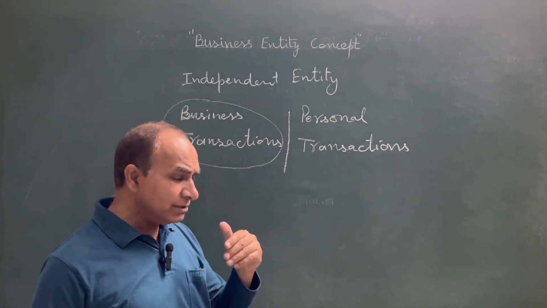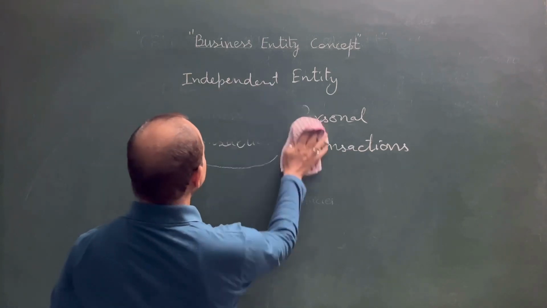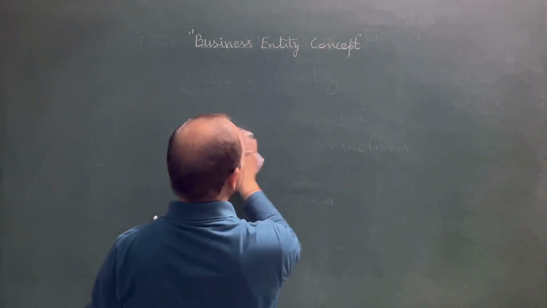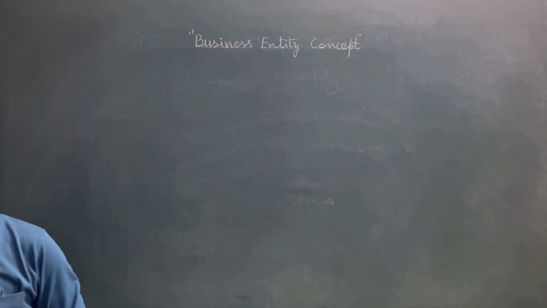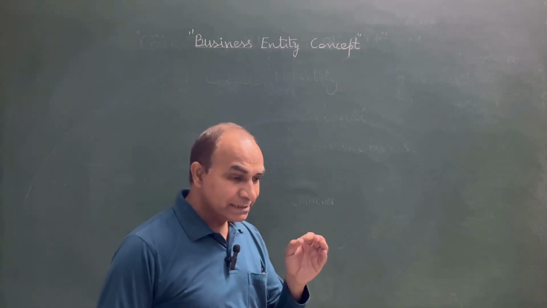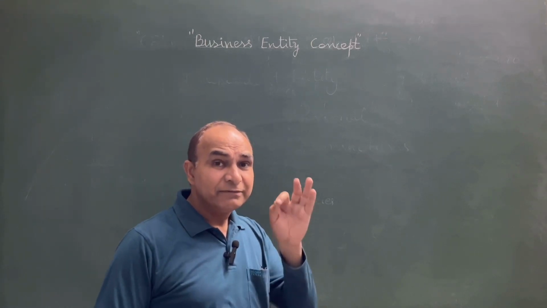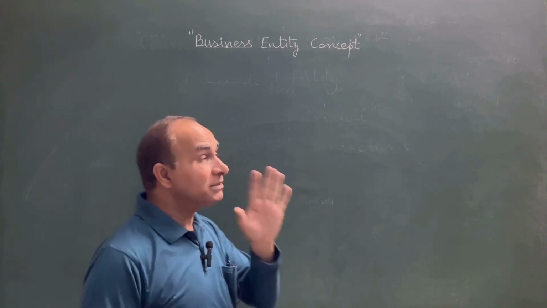It means what is the position of the businessman in the business? We need to understand, if the business is an independent entity, then what is the role of the businessman in the business? Remember one thing, the business, being an independent entity, borrows money from the businessman.